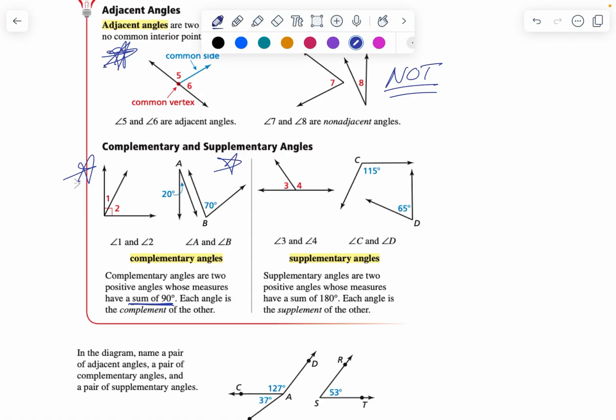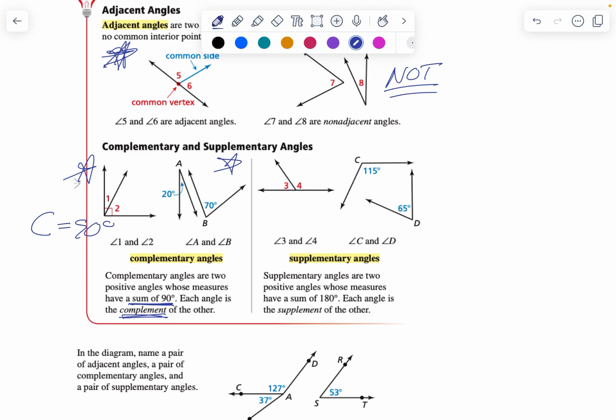In the first picture, angle 1 plus angle 2 together, using our angle addition postulate, will make 90 degrees. In the second one, we can look at 70 plus 20 equals 90. So they're complementary as well. And each angle is the complement of the other. Again, they don't have to be next to each other. So complementary is 90 degrees.